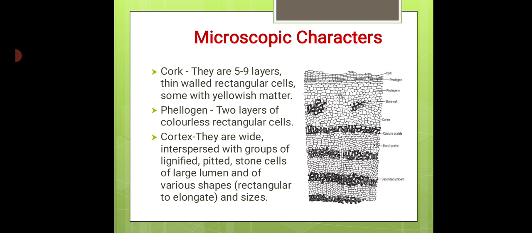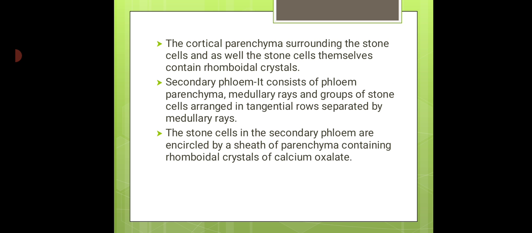Then cortex: they are wide, interspersed with groups of lignified pitted stone cells of large lumen and of various shapes that are rectangular to elongate in sizes. The cortical parenchyma surrounding the stone cells as well as the stone cells themselves contain rhomboidal crystals.